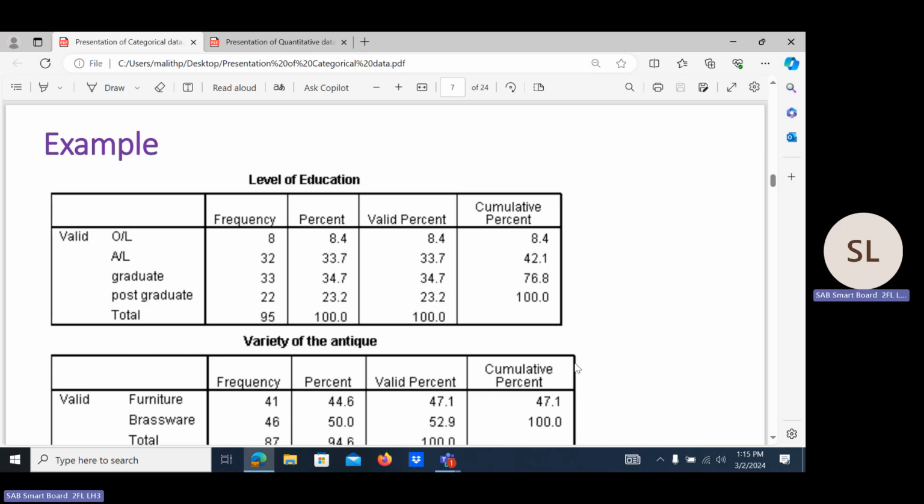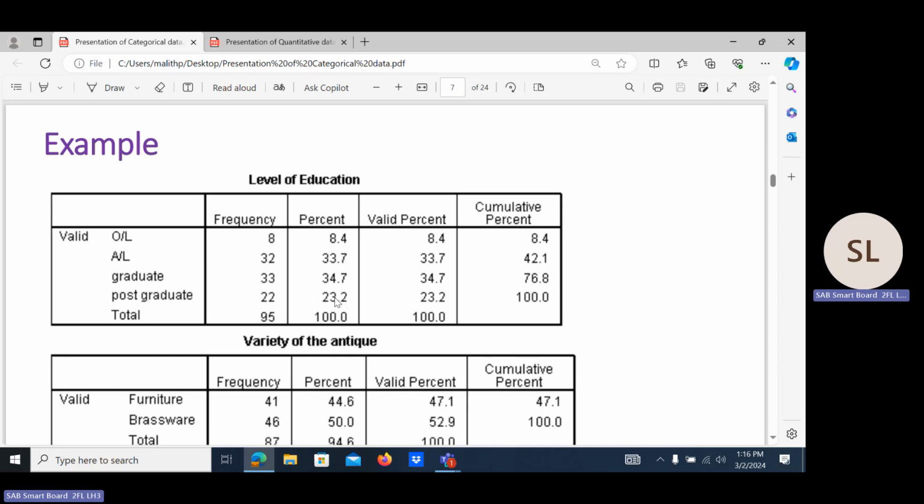Normally we use the frequency table to represent only one categorical variable. The first column represents the variable categories, the other column represents the frequency value. Here, the first column represents the frequency, the number of times it occurs in each category. The second one represents the percentage value.